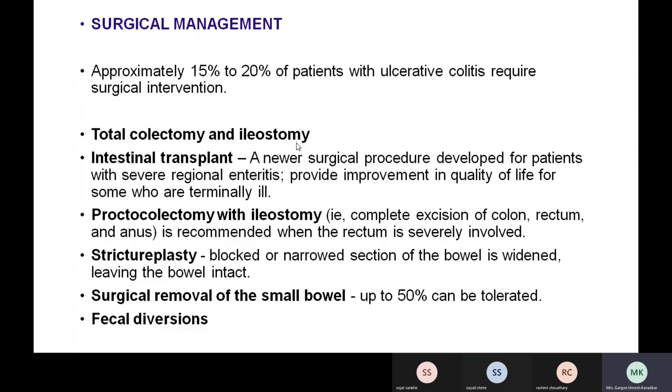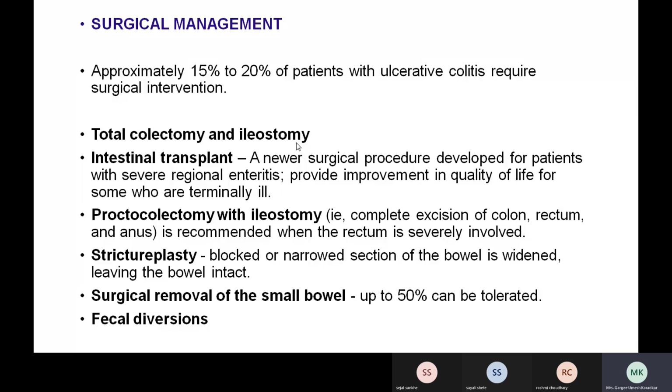After the colectomy, the ileum will be pulled out onto the skin and an ileostomy is made. Secondly, intestinal transplant can be done. This is a newer surgical procedure developed for patients with severe regional enteritis. It will provide improvement in quality of life for some who are terminally ill.